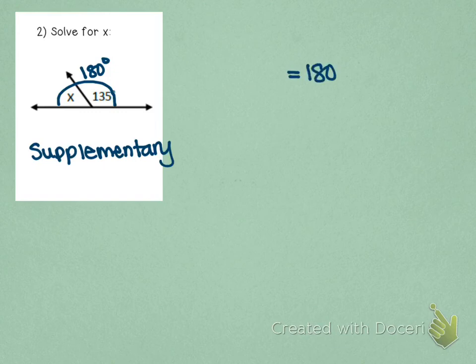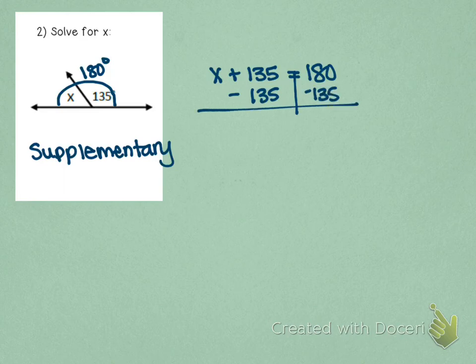So we just have to verify those two angle measurements, which in this case is x and 135. So now we just solve the equation, subtracting 135 from both sides, and we get that x equals, we have to borrow here, so 10 minus 5 is 5, and 7 minus 3 is 4, so 45 degrees.